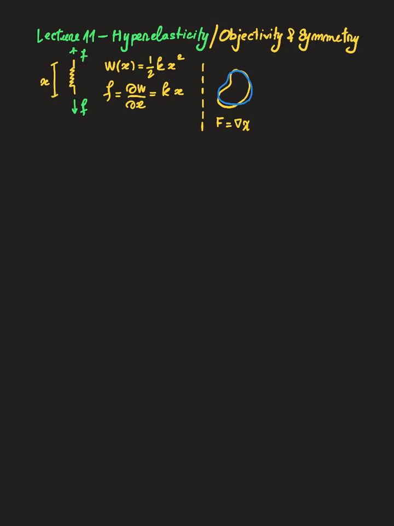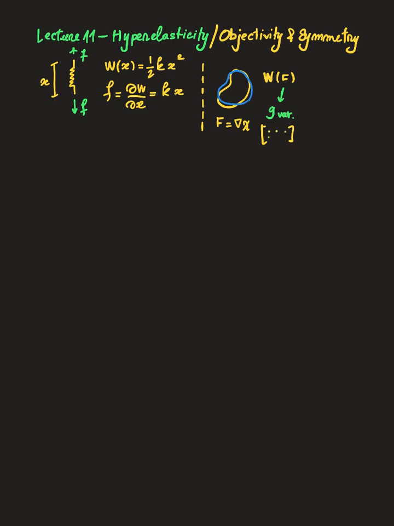And well, just like in the one-dimensional example that I've denoted here, also in this case we have an energy W that depends on the deformation. But notice please that these are 9 variables for each point, because this is a tensor with 9 entries.